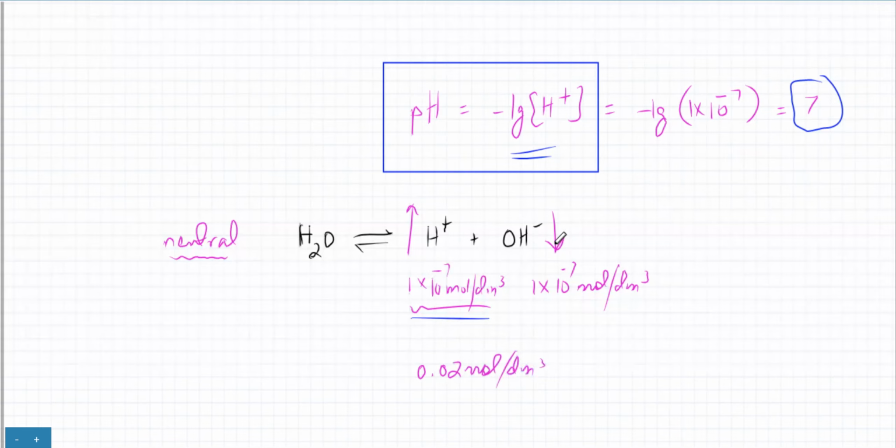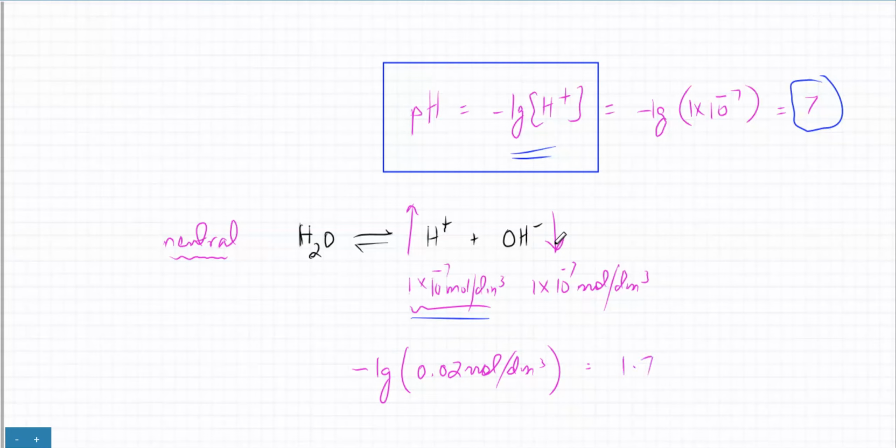Can anyone tell me what is the pH now? What's the negative log of this? 1.7. So it's coming out to be 1.7.